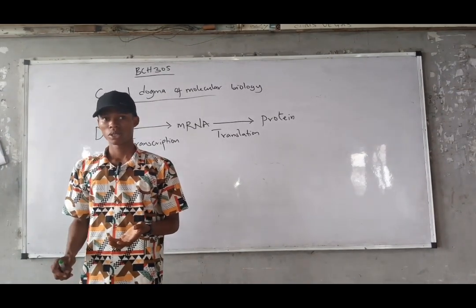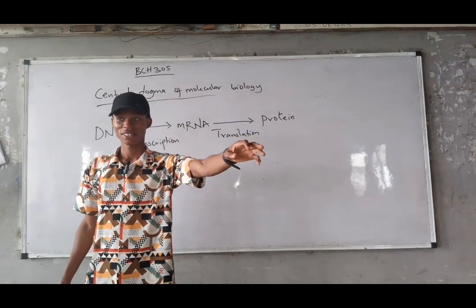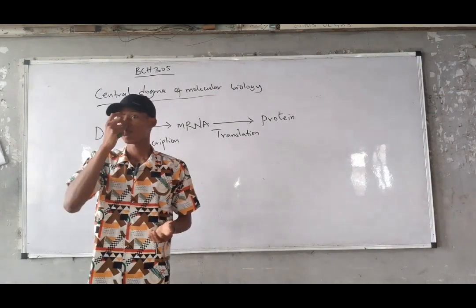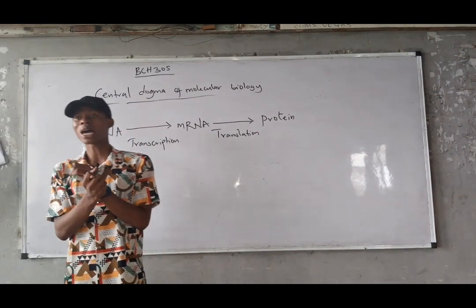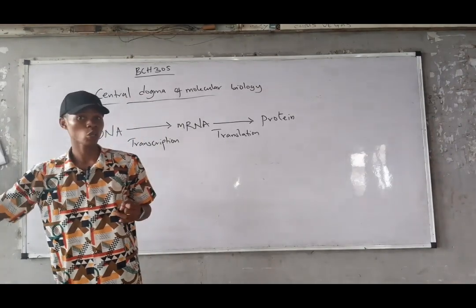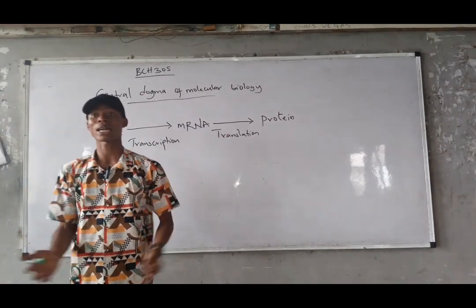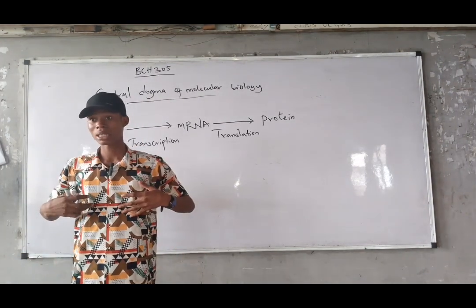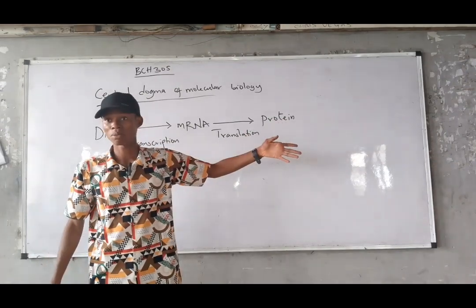No. Proteins can actually be synthesized in our system. Some hormones are proteins. All enzymes are what? All enzymes are proteins. So the protein we are talking about here can be an enzyme, can be a hormone, can be anything that is protein made in our system.